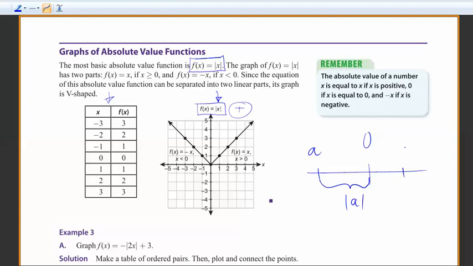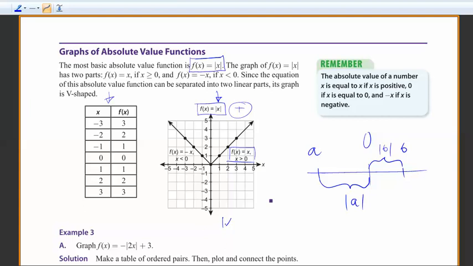Same story if I have a number here, let's say b, the distance of my b to 0 will represent the value of my absolute value of b. So f of x in this case, for whatever x you're using, positive or negative, will always be a positive value, right? And this is basically taking you back to the definition of absolute value.